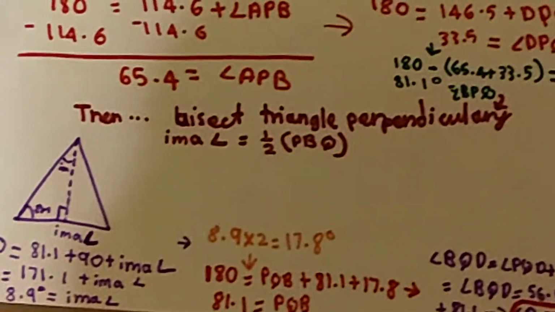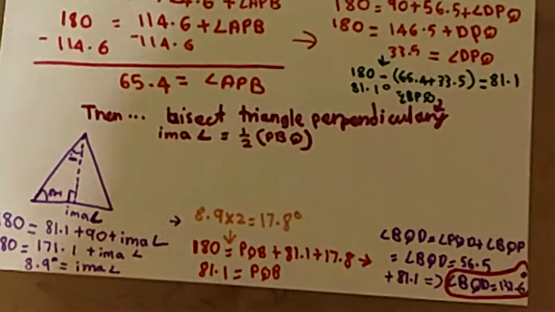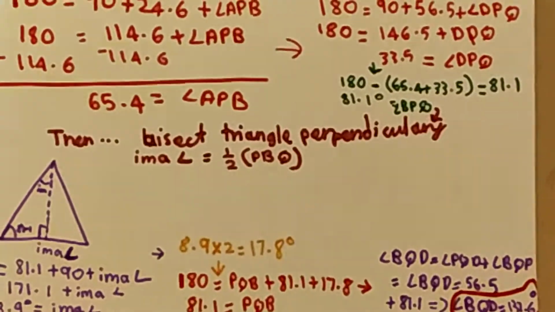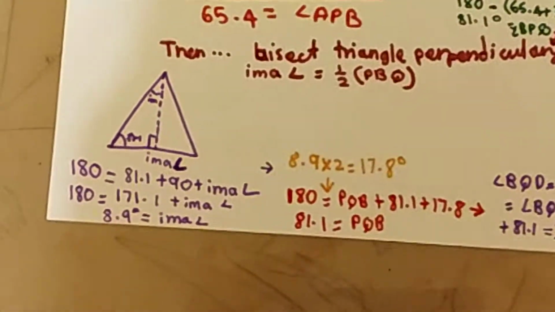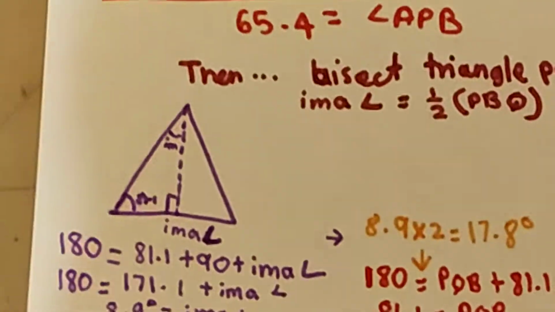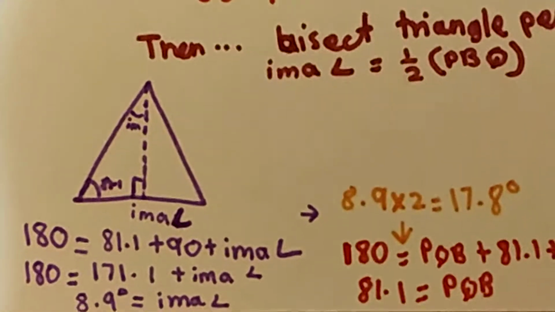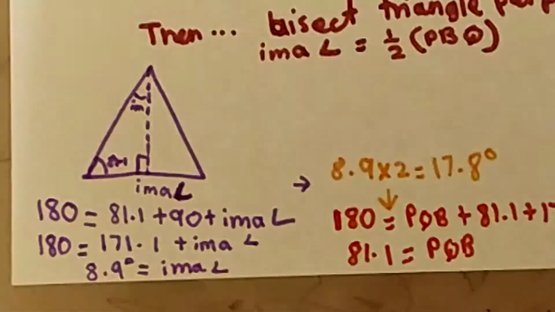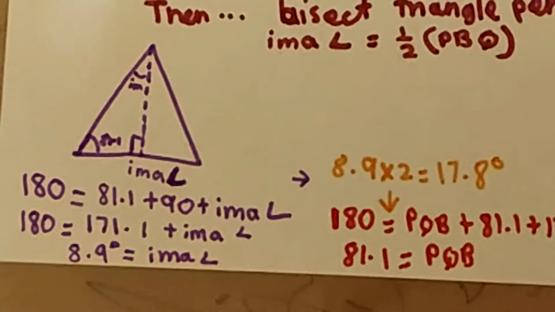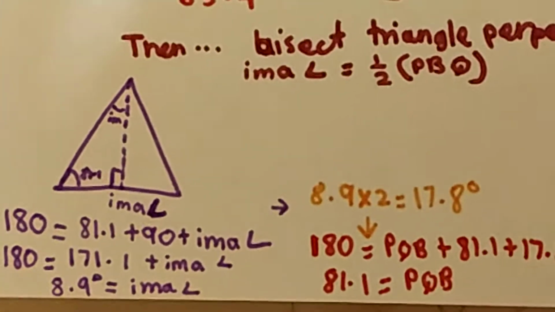Then I took a look at triangle BPQ. I bisected it and made an imaginary angle, which is basically half of angle PBQ, and then I solved for the imaginary angle. So I did 180 equals 81 plus 90 plus the imaginary angle, added 81 plus 90 to get 171.1, so 180 equals 171.1 plus the imaginary angle.